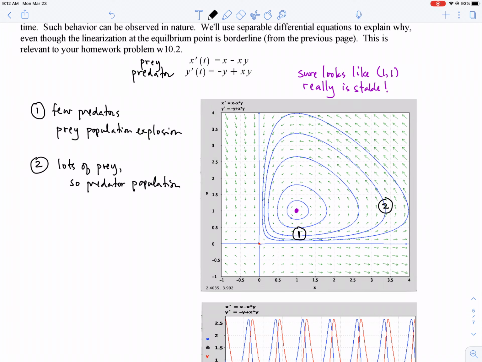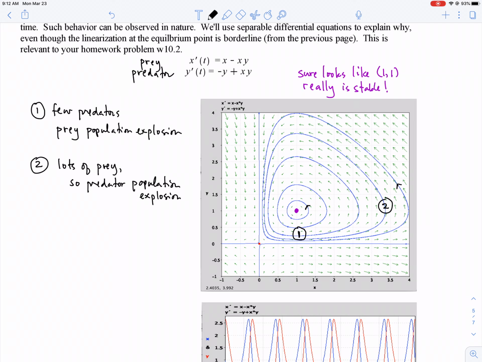And I'm writing population explosion, but it really depends which one of these loops you're on as to whether it's more modest than that. There is no population explosion going on if you're near the equilibrium solution, but if you're far away from it, there is a real population explosion.